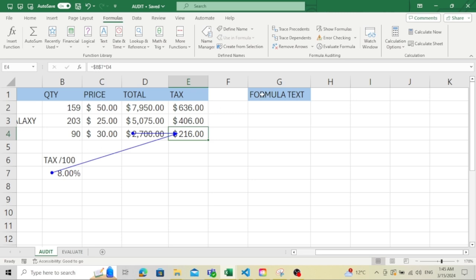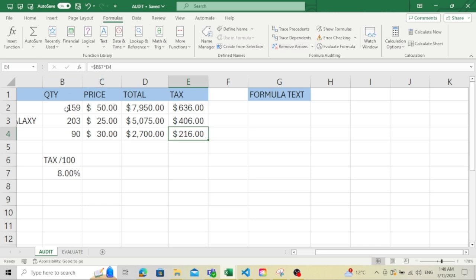If you click on trace precedents again, it's going to trace how we got this. And that means B4 and C4 give us D4, and then D4 and this cell give us that. To simply remove the arrows, click on remove arrows and all arrows are removed.